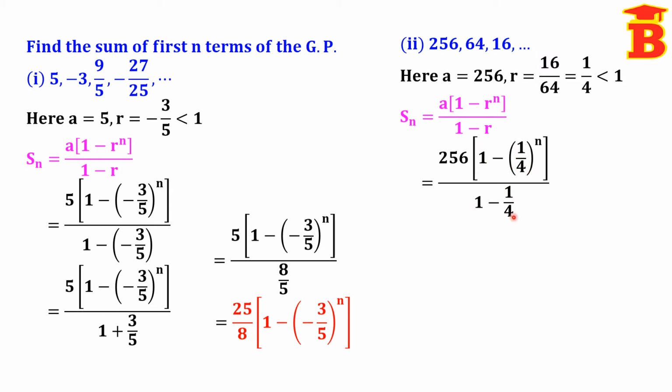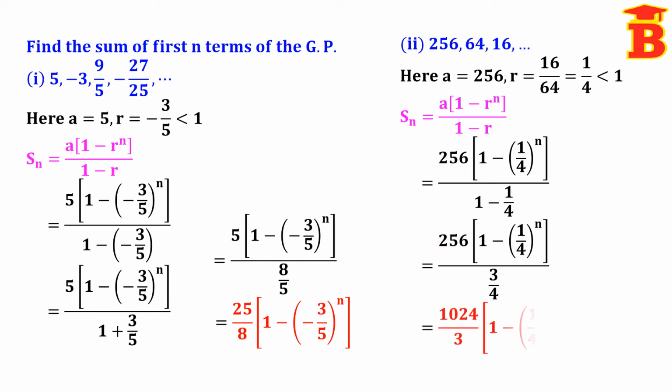Simplify the denominator numbers only. So 1 minus 1 by 4 is, taking LCM, we get 3 by 4. Now take reciprocal and write. If we take reciprocal, this 4 goes to the numerator. So multiply this numerator number. 4 into 256 is 1024 divided by 3 into this bracket is same, 1 minus 1 by 4 whole power n. This is the answer.